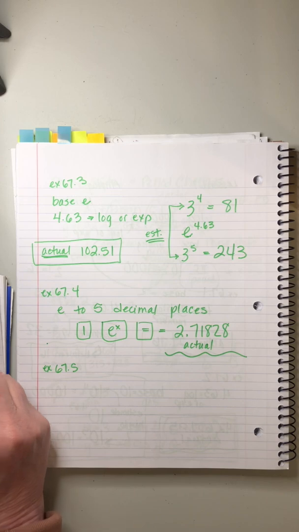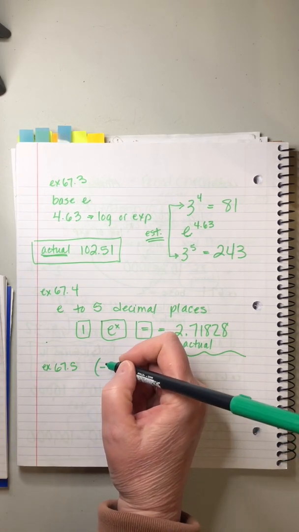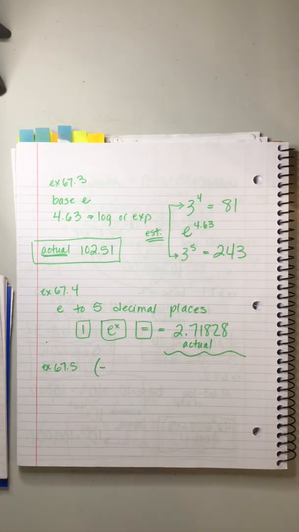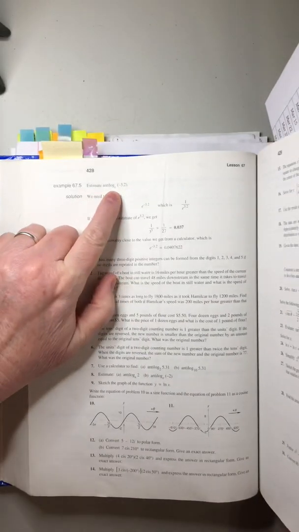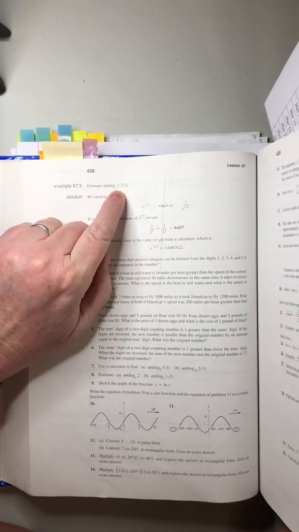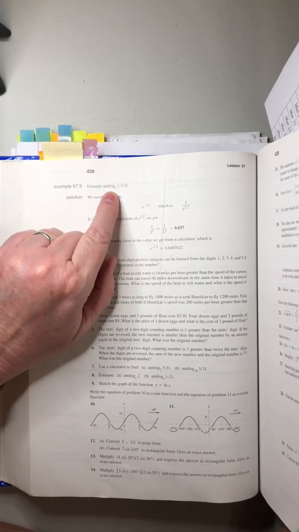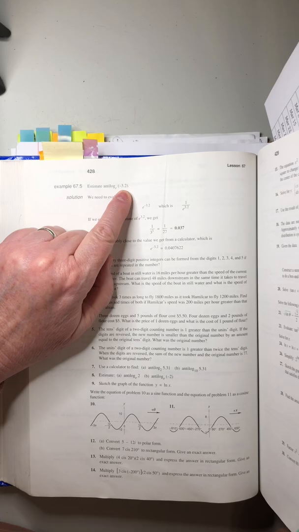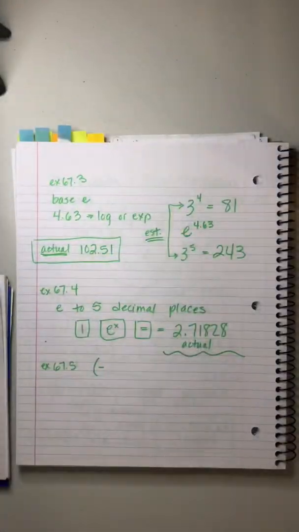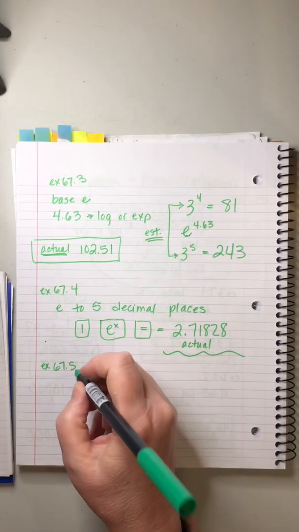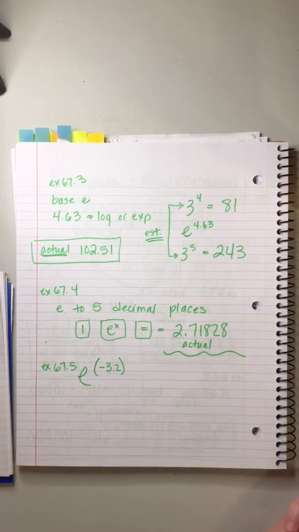Evaluate antilog. Let me just show it to you. Evaluate antilog, tiny little e, minus 3.2. Okay, what that tells us is e is the base, and this is the exponent or log. So we enter it as e to the minus 3.2.